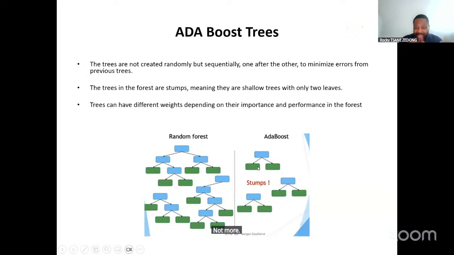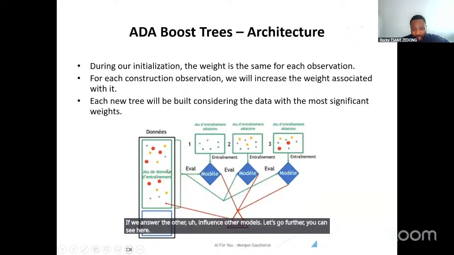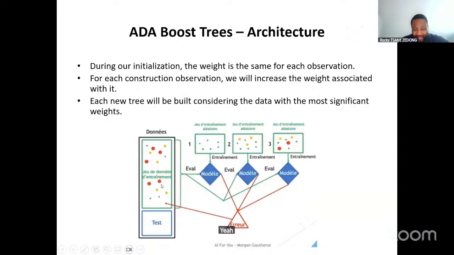And this depth and this tree influence all the model. Let's go further. You can see here, you have a training data set here.